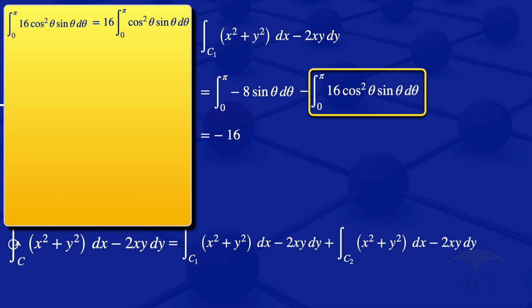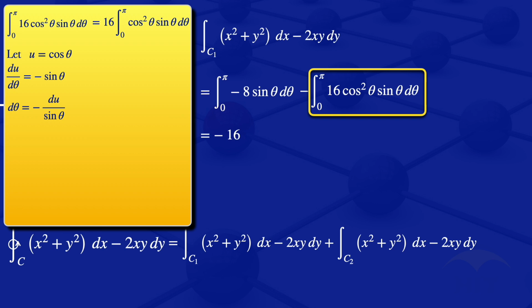And to evaluate this integral, we can use a substitution. So we let u equal cosine theta, then differentiate u with respect to theta, and we get du by d theta equals minus sine theta. And we can go on and make d theta the subject of the formula, and we get d theta equals minus du divided by sine theta.